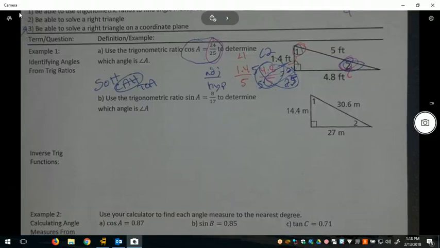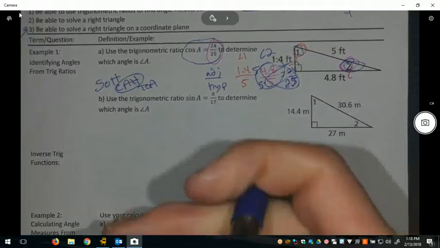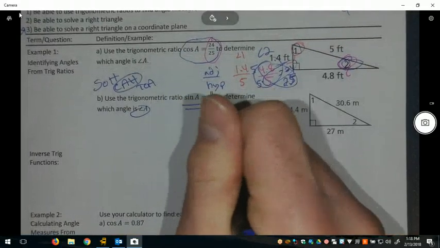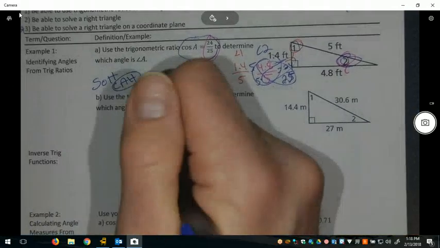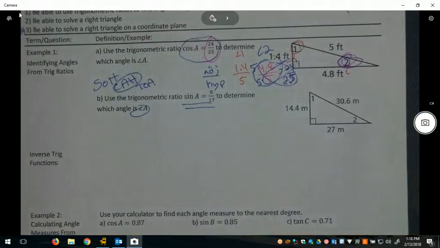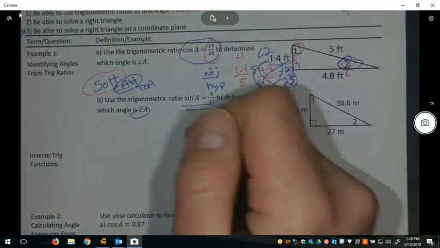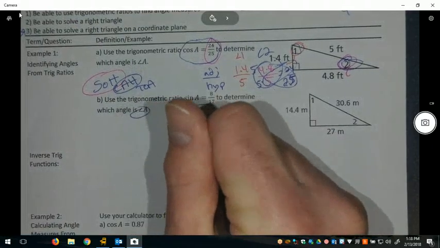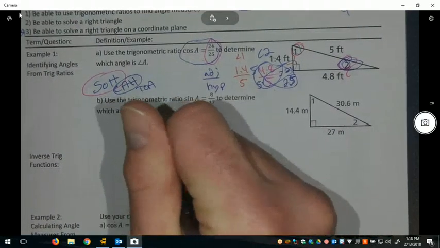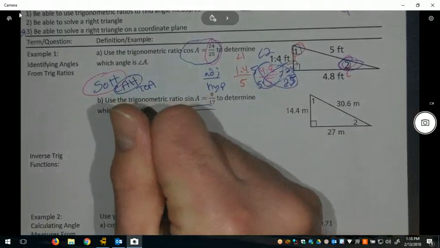Next, we're asked to figure out which angle is angle A when the trig ratio of sine is 8/17. Remembering SOHCAHTOA, sine is opposite over hypotenuse, so our 8/17 is coming from the opposite over the hypotenuse.